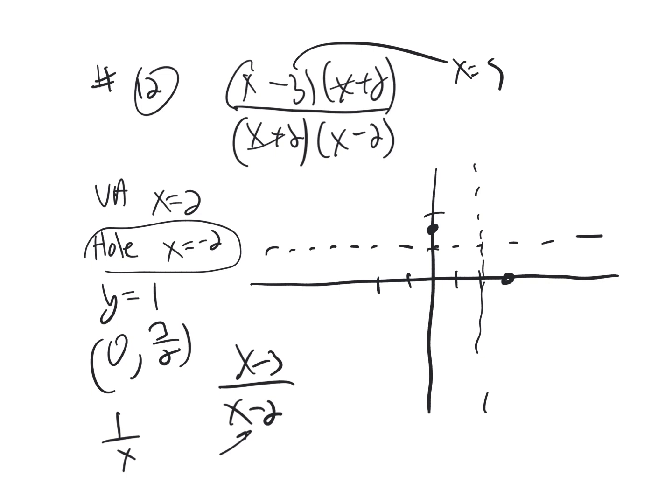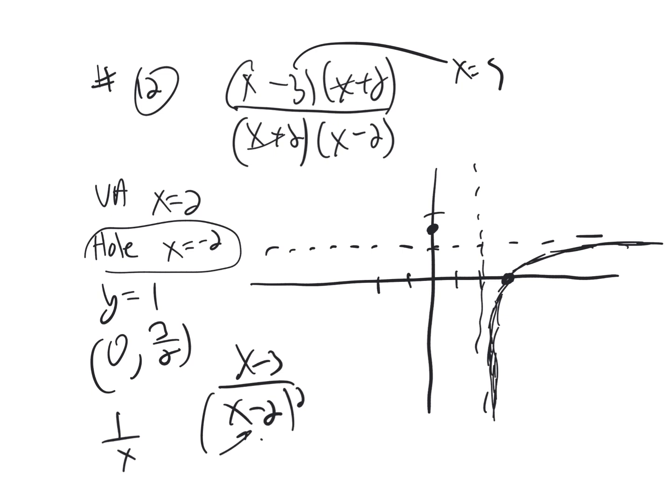But what I know is, because this isn't a squared factor on the bottom, there are no fancy wiggles or bouncing at all. I know out in infinity it's got to reach that line. I know it can't cross the vertical line, so that graph looks something like this. I know there might be another little wiggle in there. I don't think there is on this graph, but basically that's what we see.